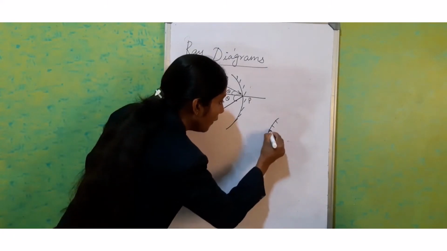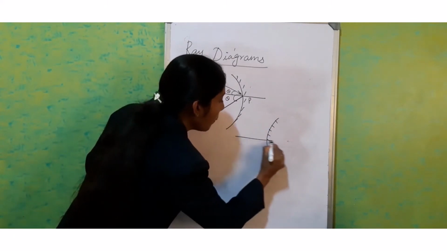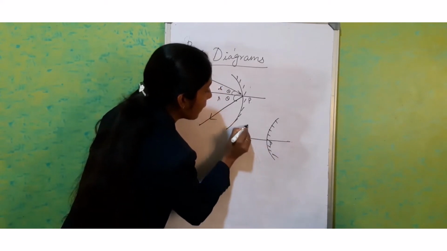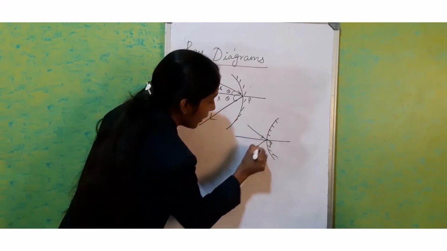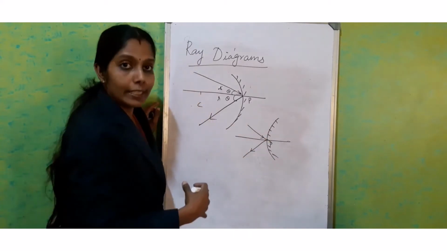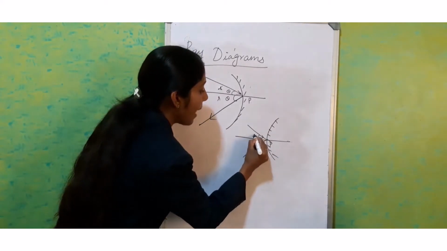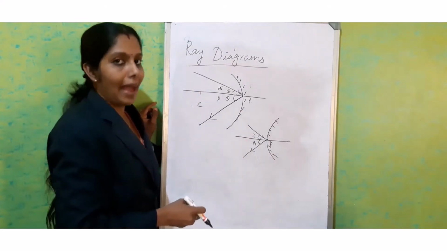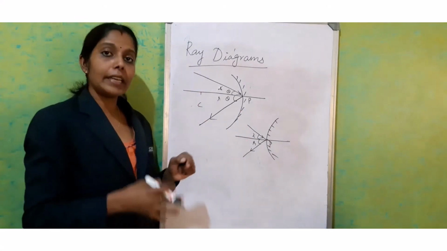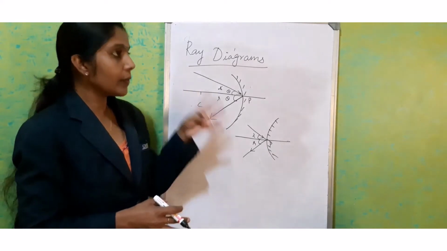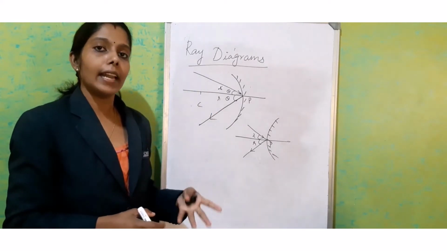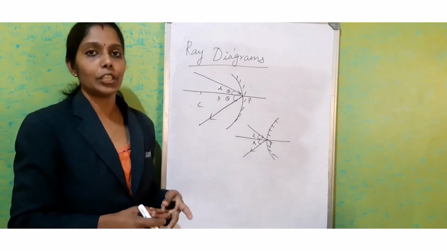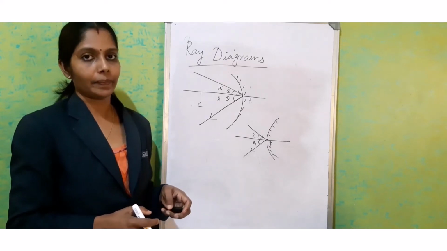Same in the case of convex mirrors: if the ray strikes the pole, it bounces back to the same medium with the same angles of incidence and reflection. So these are the four convenient rays. From among these four, we can select any two for the formation of the ray diagram.